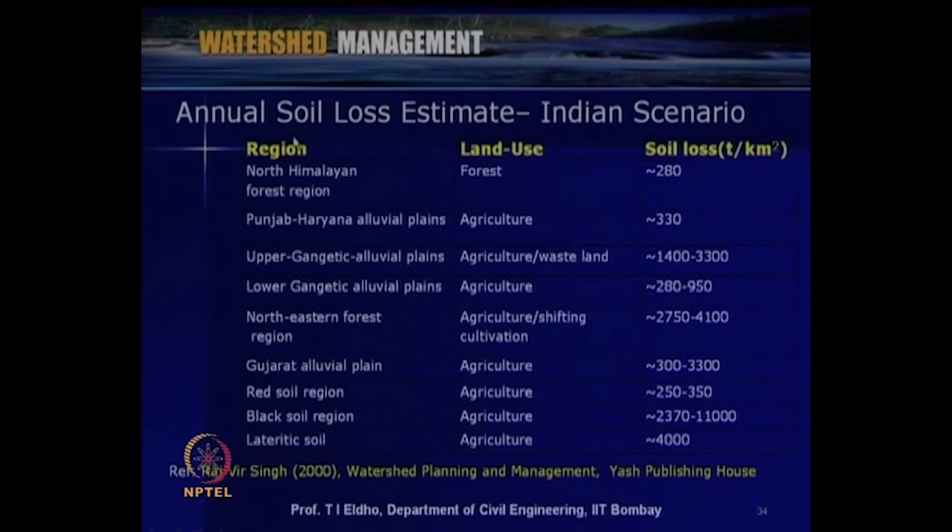The next table shows for various regions, depending upon the land use, the soil loss in ton per square kilometer, like in northern Himalaya, then forest region, then Punjab, Haryana alluvium. Here you can see that in the alluvial plain, the red soil region and the black soil region, depending upon the land use, especially in agriculture regions, the soil loss is much higher. This table is taken from Rajvir Singh, Watershed Planning and Management. So, this is the scenario as far as India is concerned.